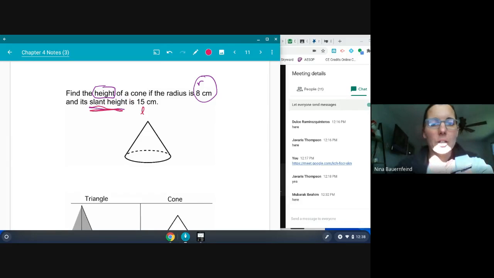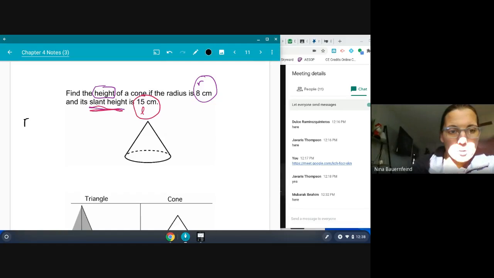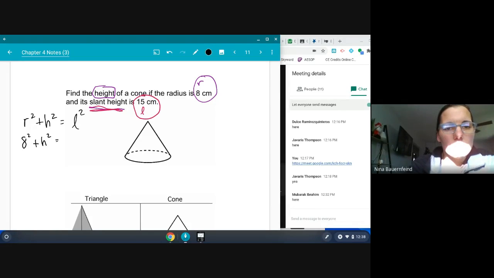So this is actually L, okay? So R squared plus H squared equals slant height squared. So R is 8, height we don't know, slant height is 15. 8 squared is 64, H squared. 15 squared is 225.